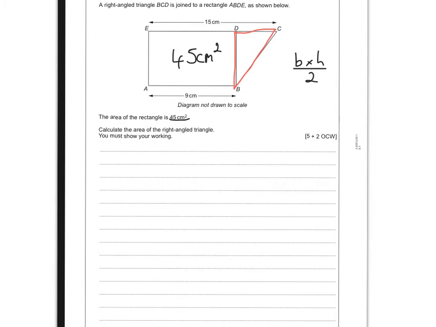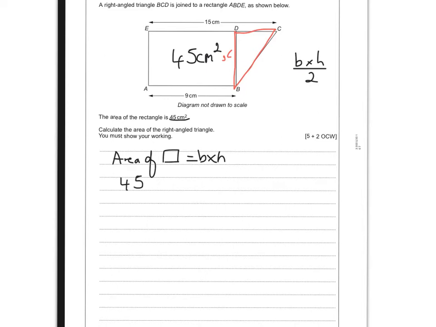For example, we can find the value of the height of the triangle here by using the area of the rectangle that we've been given. So the area of a rectangle is base times height. We write that formula down and then we can put in exactly what we know. So we know that the area of the rectangle was 45 centimetres squared.